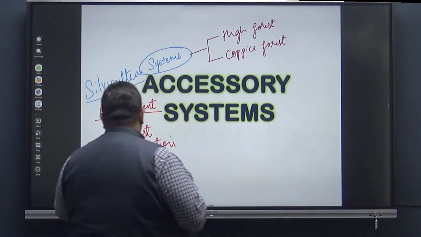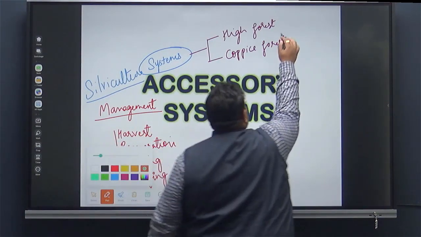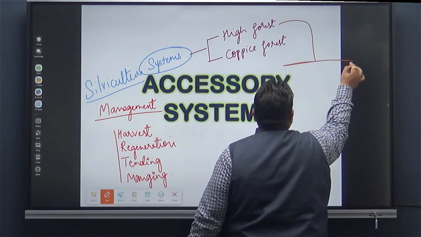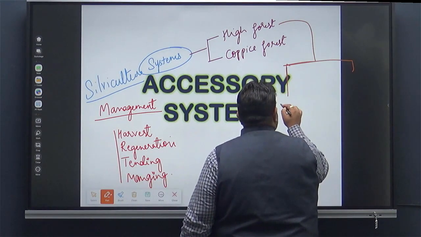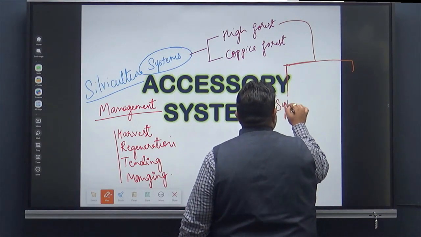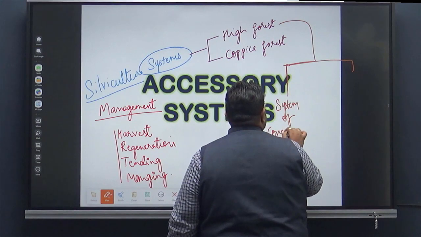So under high forest systems, there are certain categories. If you are felling a tree in a concentrated way, it's called the system of concentrated regeneration.